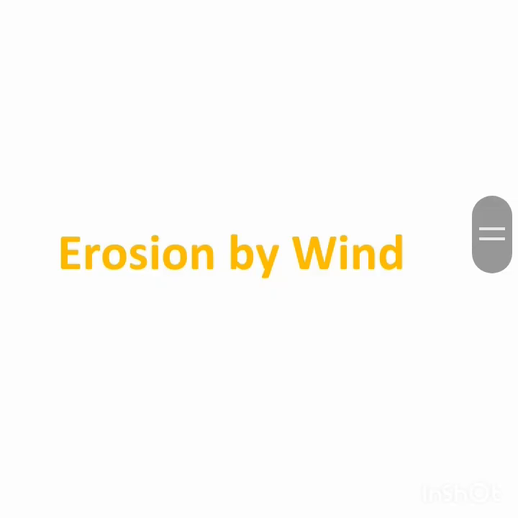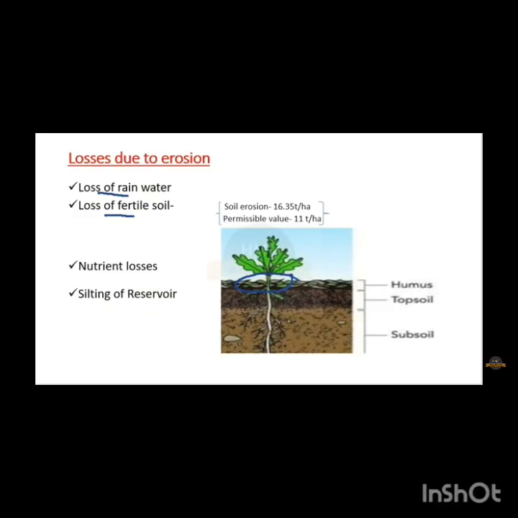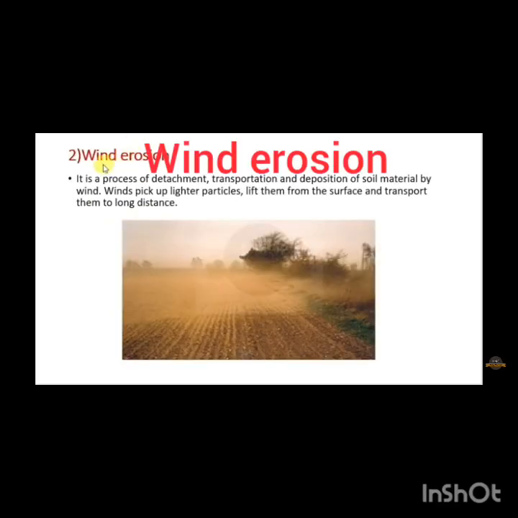Now let's move to erosion by wind. What is wind erosion and where is it caused? Normally it is found in the arid and semi-arid areas. So friends, this is the second type of soil erosion, that is wind erosion. And friends, wind is nothing but air mass in motion.